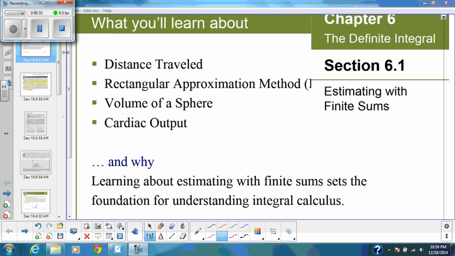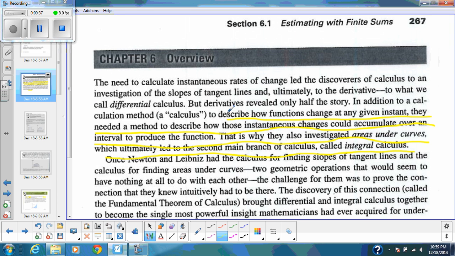So to start out, we're talking about our second branch into calculus. I almost want to say that we're about halfway through here. There's two major concepts, and those would be differentiation, which we've covered, where we're looking at slopes of tangent lines and instantaneous rates of change, things like that.